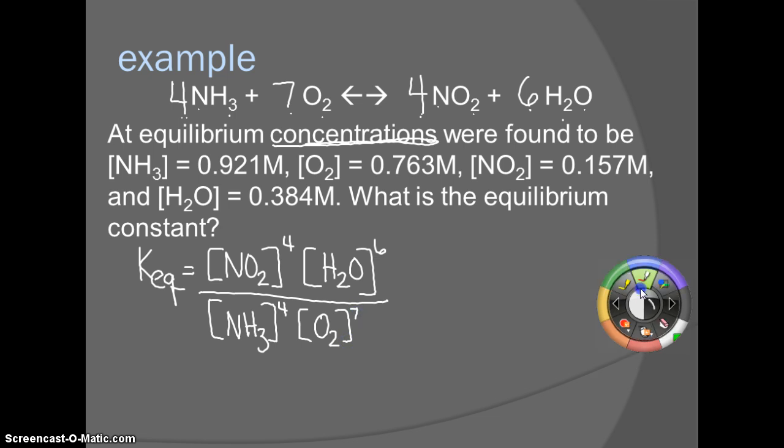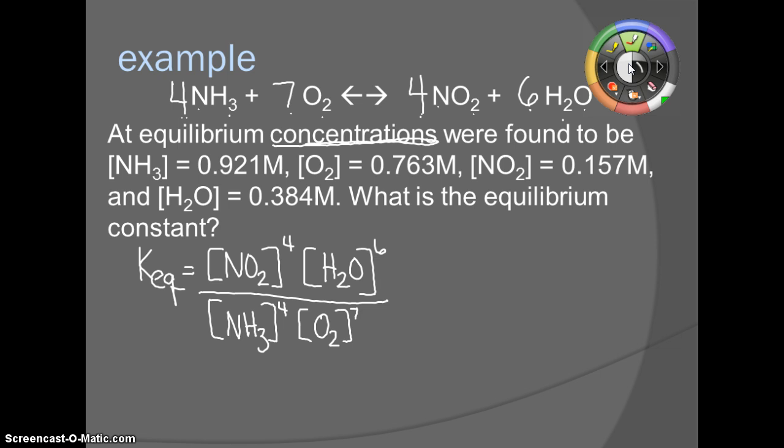So that is our expression. Once you have that, you can plug in your values. So NO2 here is 0.157, and that's going to be raised to the 4th, times water. Here's our water.